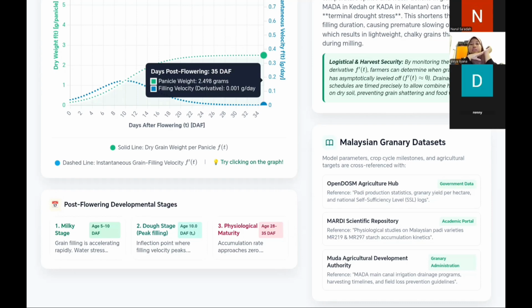Ultimately, this simulator proves that calculus is not just theoretical, but a tool for national resilience.